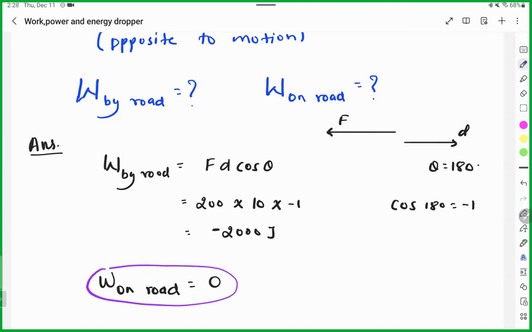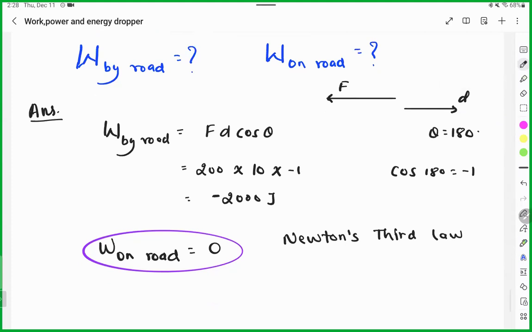How, sir? How is that possible? Because in this case you can apply Newton's third law, every action has an equal and opposite reaction, so the force will be the same, 200 Newton, even in this case.